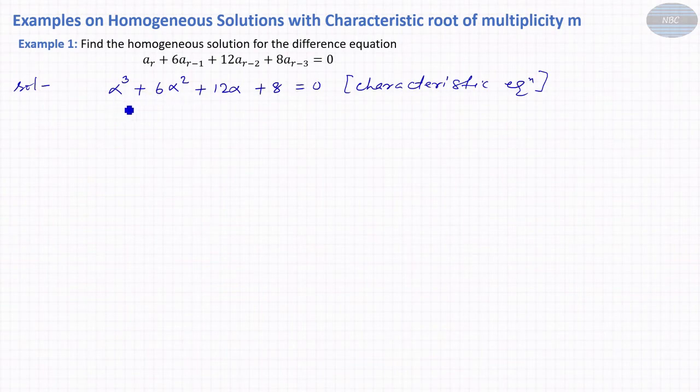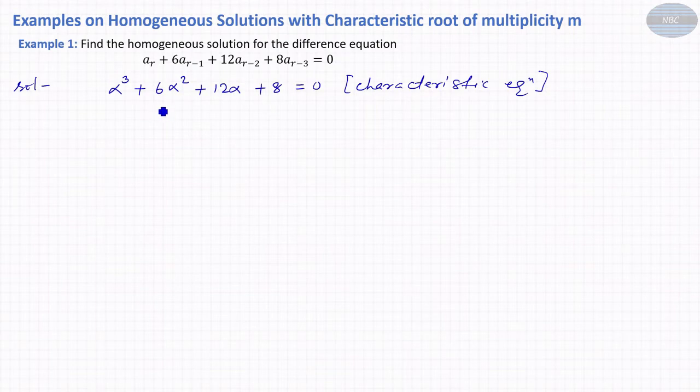See here, by inspection it is clear that if you put alpha is equal to minus 2, this will be minus 8 plus, minus 2 to the power 2 is 4, 6 times 4 is 24, plus minus 24 plus 8.